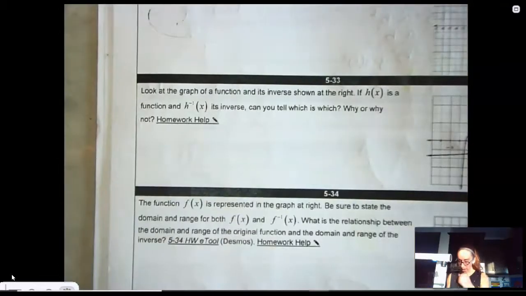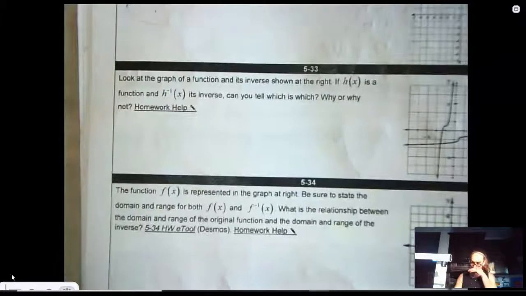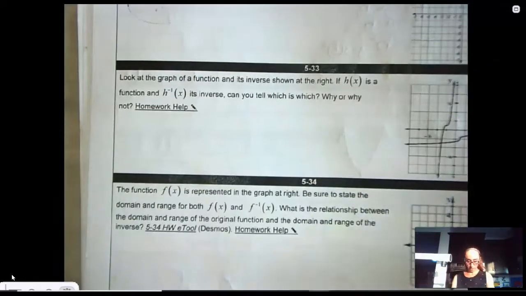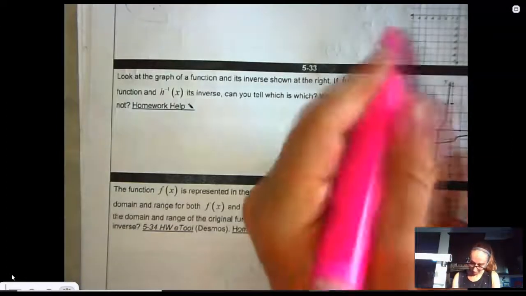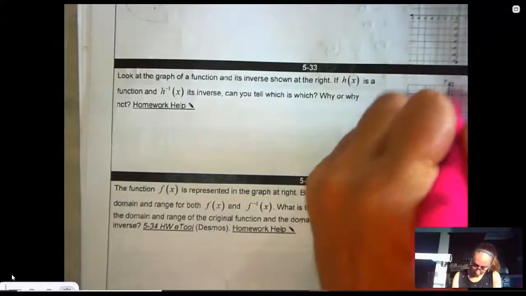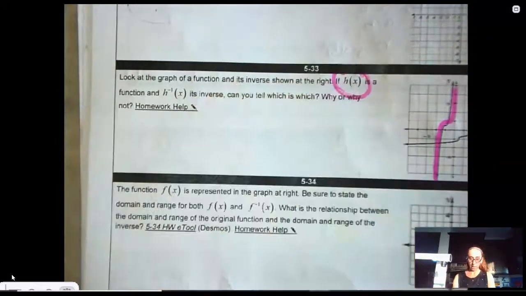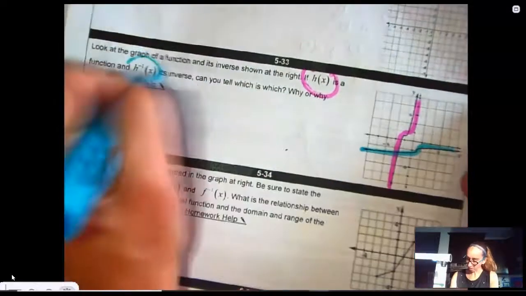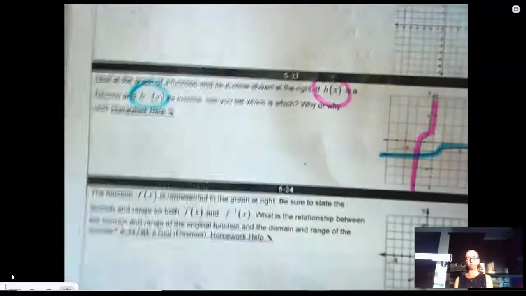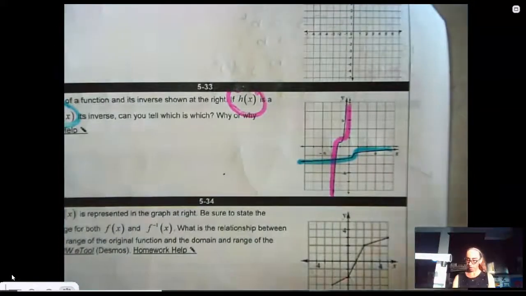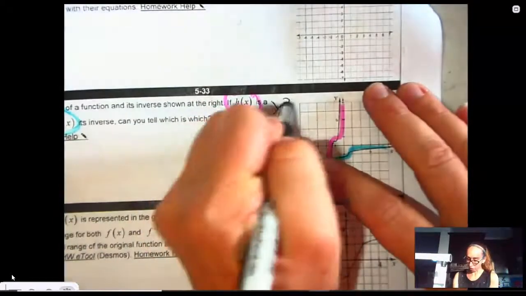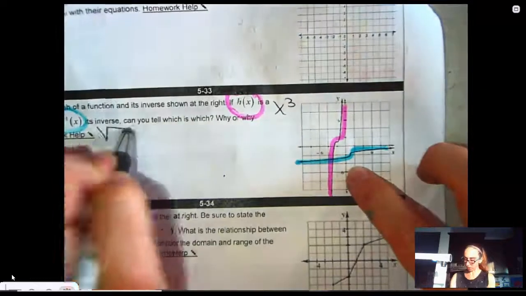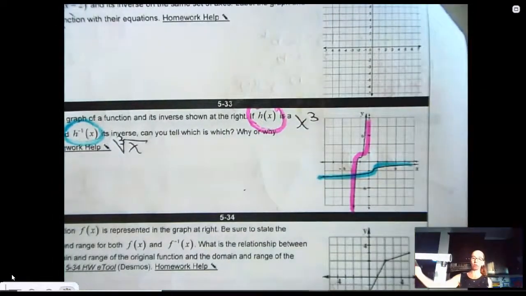Okay, now I think what they're saying is, this is the original, and they're saying this one is the inverse, and they want to see if you can actually create a function. Well, I know if it has this little squiggle, it's x cubed, which means this one has to be cube root of x, because they're inverses of each other, like x squared and square root of x.